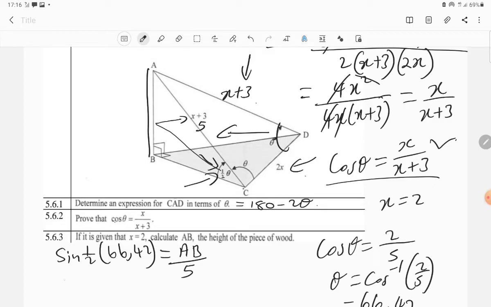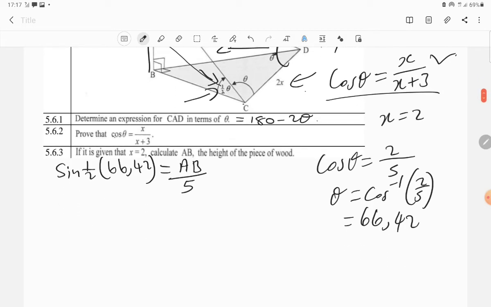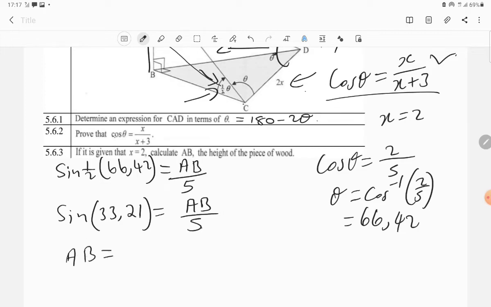Now let's find out what this is equal to. Half of this is going to be 33.21, so sine 33.21 is equal to AB over 5. So AB is going to be 5 times sine 33.21, which is just 2.7.